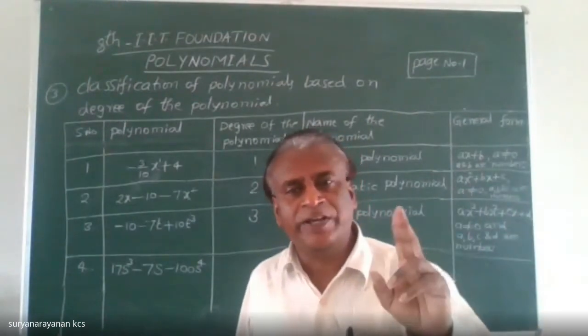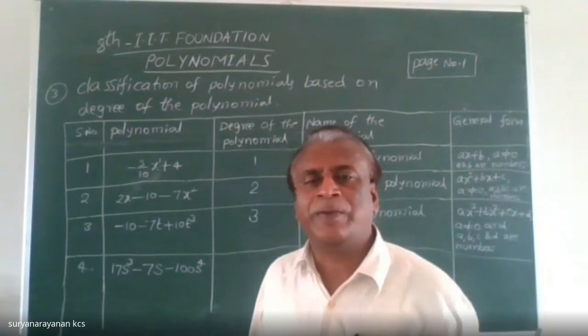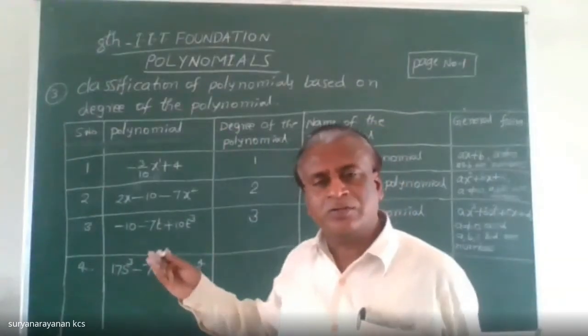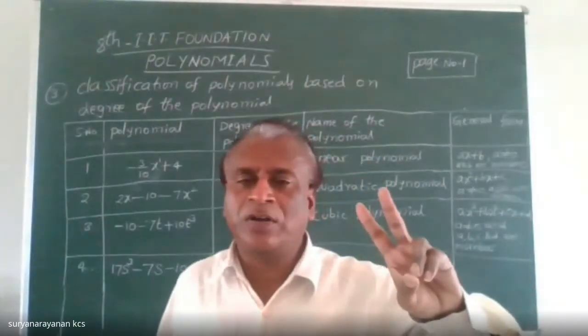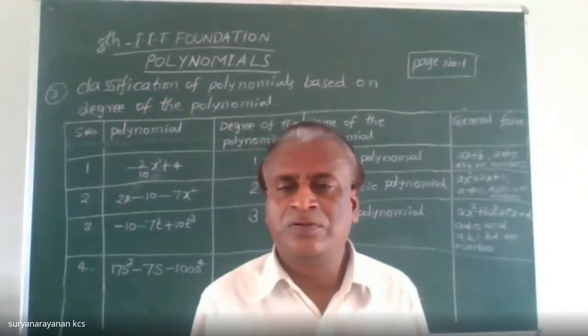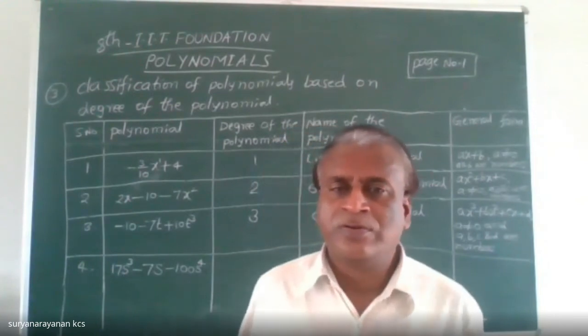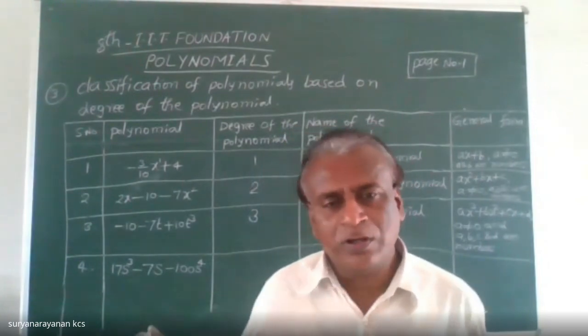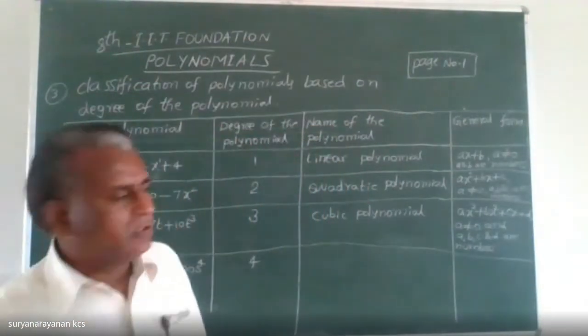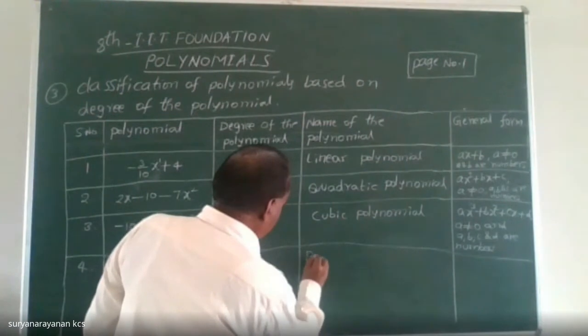Don't say 3 and 4. The degree of a polynomial is always only one number, not two numbers. What is the largest number, 3 or 4? Only 4 is the largest number. So, if the degree of the polynomial is 4, then it is called biquadratic.